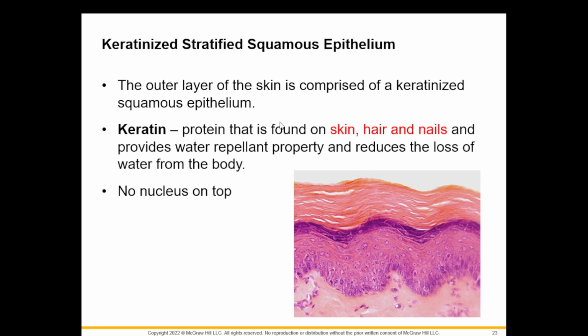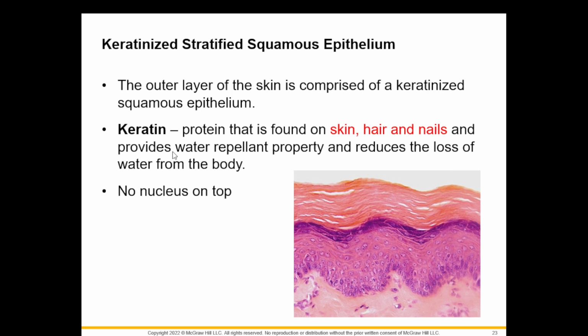Going back to keratin, what does keratin actually do? It provides water repellent property to our skin, hair, and nails, and it reduces the loss of water from the body. Remember, I said earlier, the skin functions to prevent loss of water from the body.